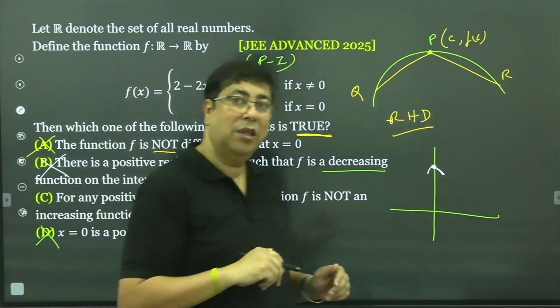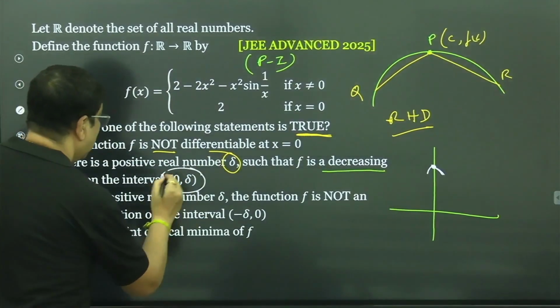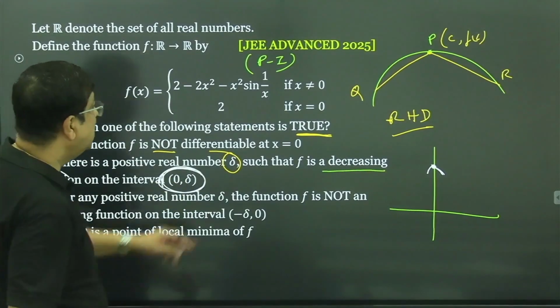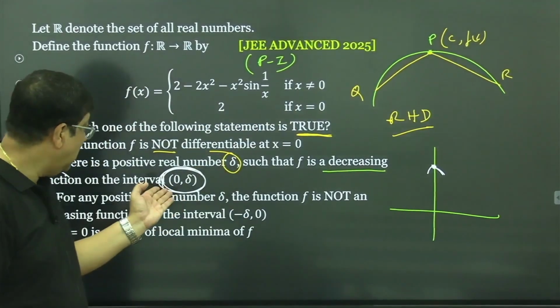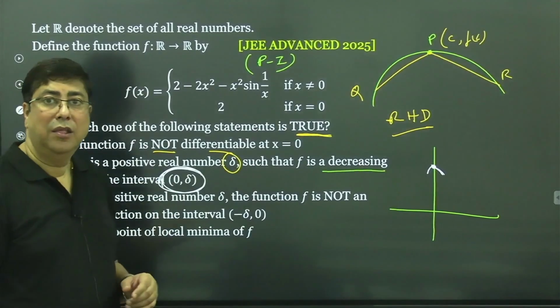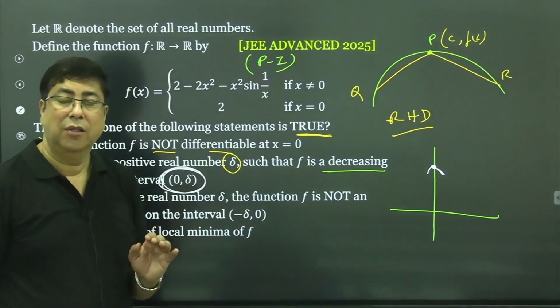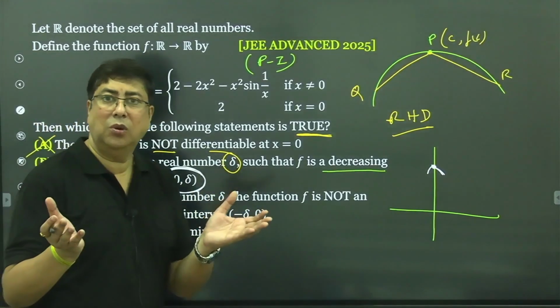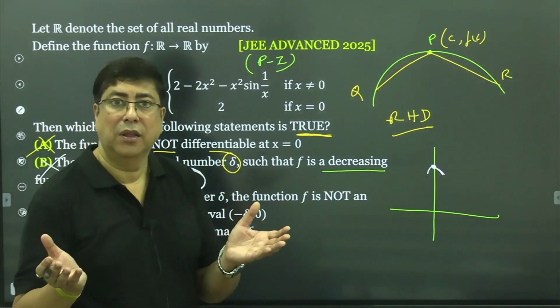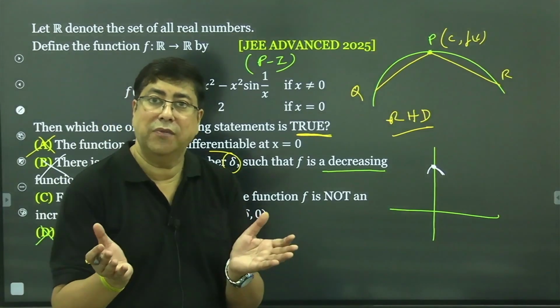But remember one thing, everybody, there is no question of 0 here. There is a problem at x equal to 0, but it has already been given as the open interval 0 to delta. There is no question of 0. They are telling after 0, and after 0 the function is totally continuous and differentiable.